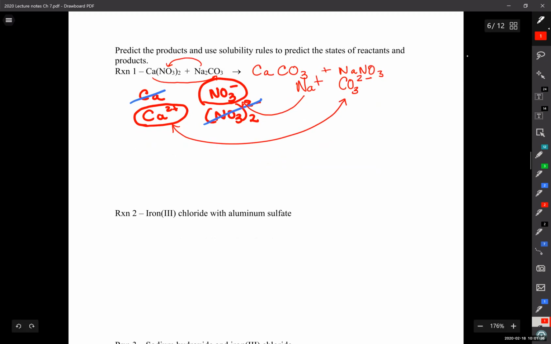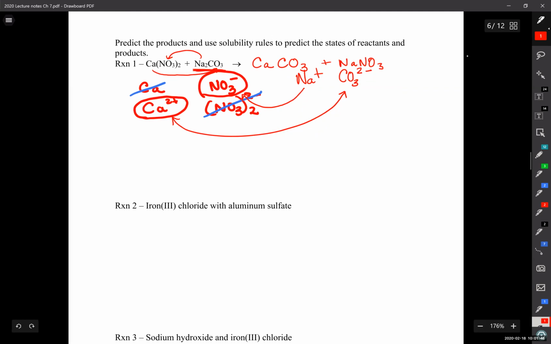So this is what we have. That's how you predict the products, and then you have to balance it. All right. So why don't we balance that? Which one do you want to start with? Something that has the most subscripts, that kind of thing. So I'll start with this one. How many sodiums do you have? 2. So I need to have 2 here. So I'll drop a 2 into there.